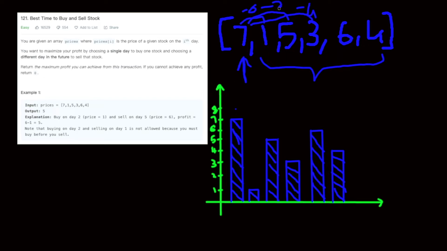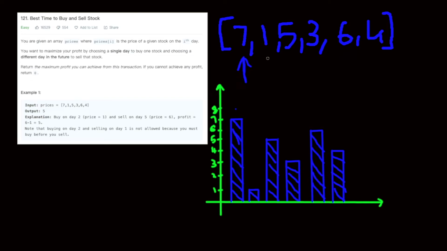Still minus 2 is the highest we have, but it says that if we cannot achieve any profit, return 0. So we need a profit greater than 0. We iterate this whole process through the entire array and repeat it for each element.